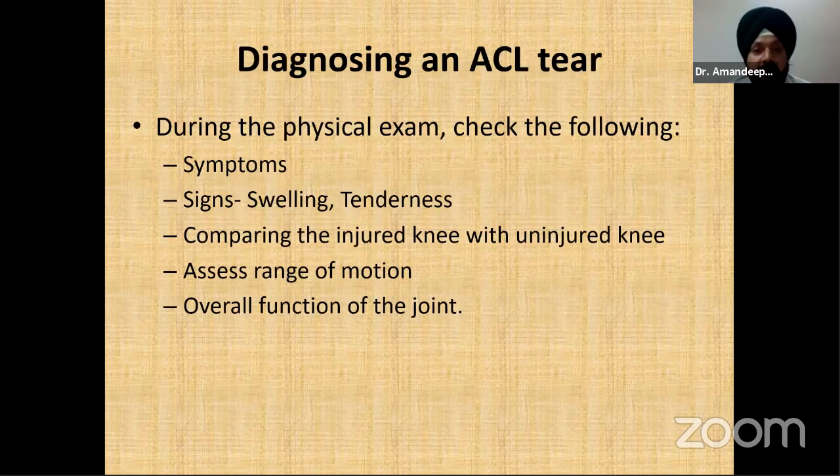If we talk about diagnosis of ACL tear, during the physical examination we will check for signs like swelling and tenderness, comparing the injured knee with the uninjured knee, checking the translatory motion between the two joint surfaces, and assessing the range of motion and overall function of the joint. These are all affected by this injury.